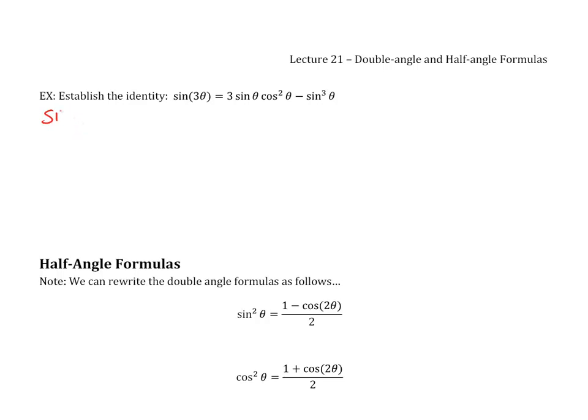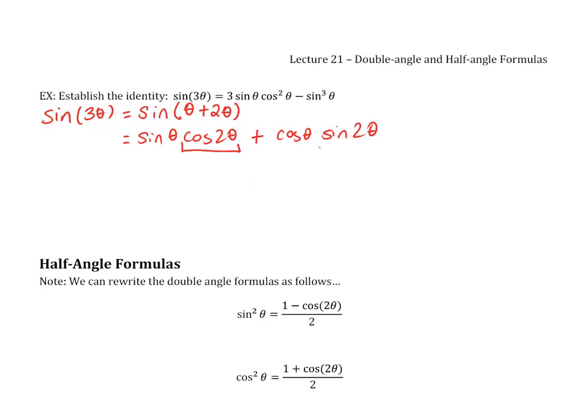Let's start with the side with sine of 3 theta and recognize that this would be the same thing as sine of theta plus 2 theta. Now apply the sum formula for sine. Sine of theta cosine of 2 theta plus cosine of theta sine of 2 theta.